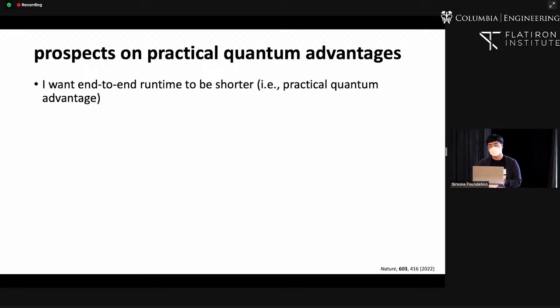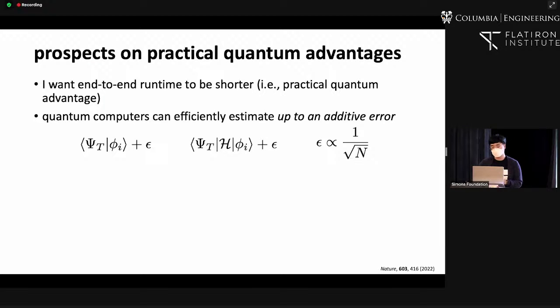There is a subtle scaling issue that I didn't really tell you, which is that the quantum computers can estimate these overlap values up to an additive error. I didn't emphasize this enough before. This epsilon is added to the quantity that you want to actually estimate, and this epsilon requires 1/√n measurements.